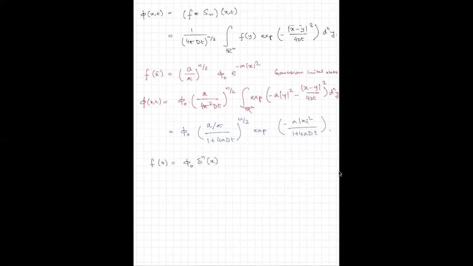So in that case, phi of x, t just becomes phi naught over 4 pi dt to the n, whole to the n over 2, integral over R^n, and now you have a delta function in y, and an exponential of minus x minus y squared by 4 dt, d^n y. So this is going to just pick out S_n of x, t, and that'll be that.